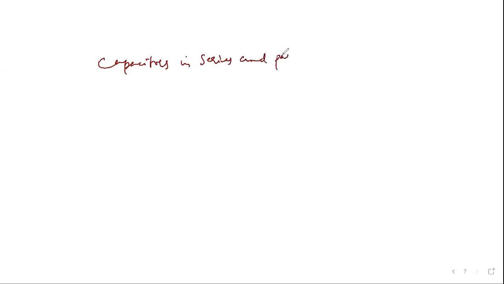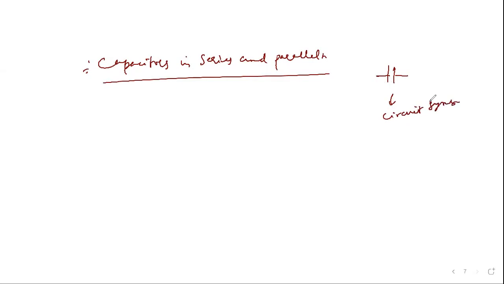You have done it, I just refresh your memory. We know the circuit symbol for a capacitor is this: two bars of equal length. This is the circuit symbol of a capacitor.